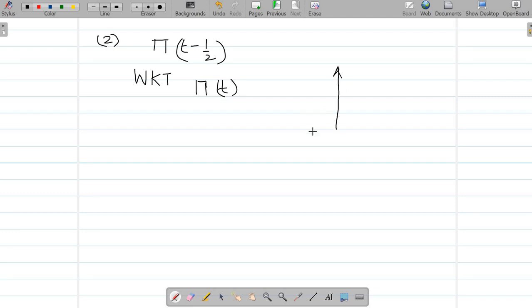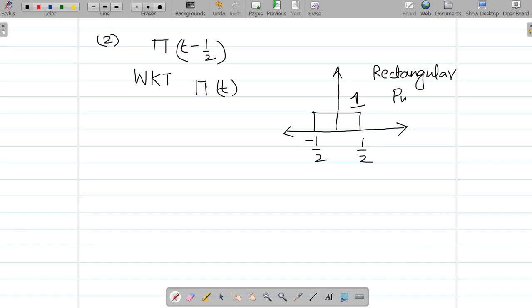So this is the signal. It is having an amplitude of 1, and here it will be half, and here it is known as the rectangular pulse signal. Another name for this is rectangular pulse.